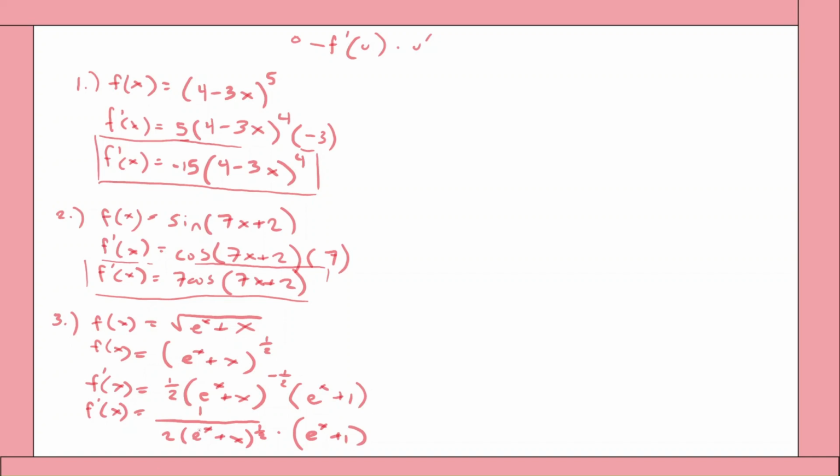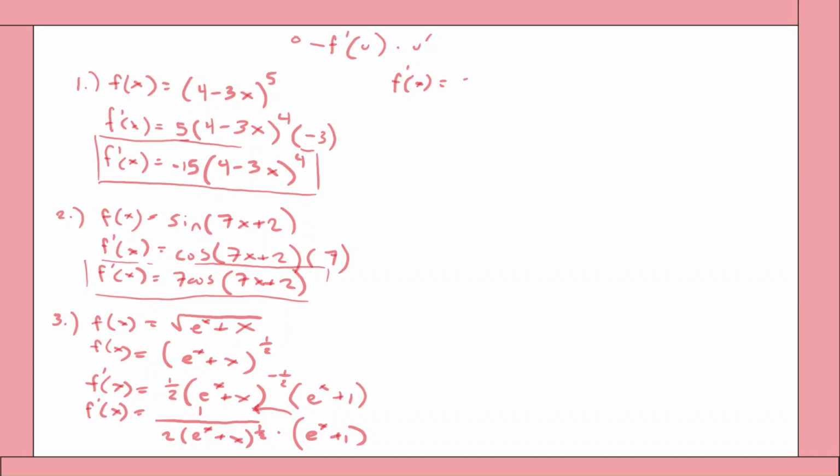Now we can do this a little better still, so let's continue to simplify. First, let's put this e to the x plus 1 on top, because that's the same thing as multiplying by the fraction.